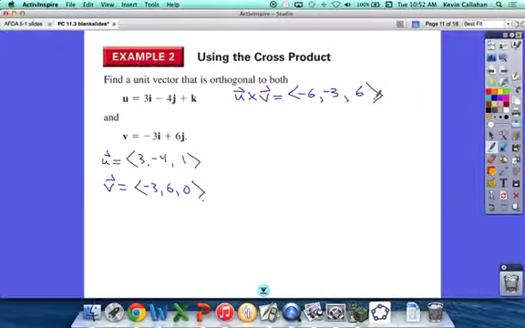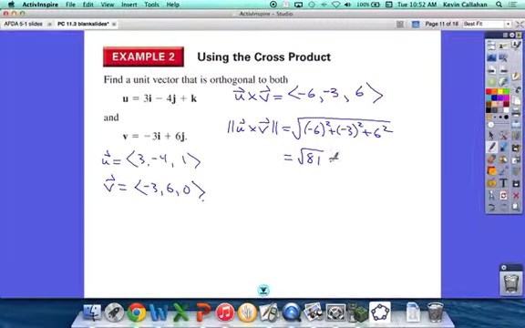Okay, so what is the magnitude of that? The square root of -6 squared plus -3 squared plus 6 squared. That's 36 plus 9 plus 36, that's 81, which is 9.